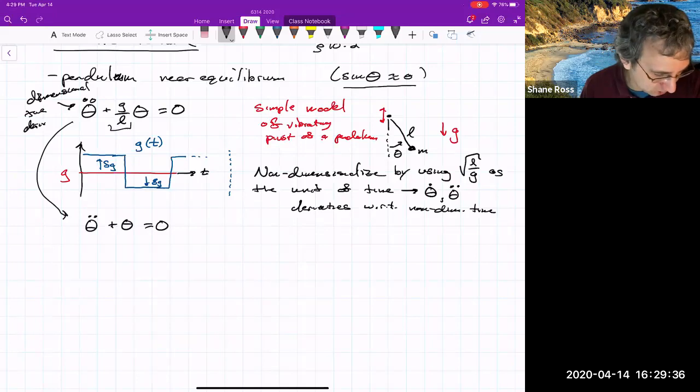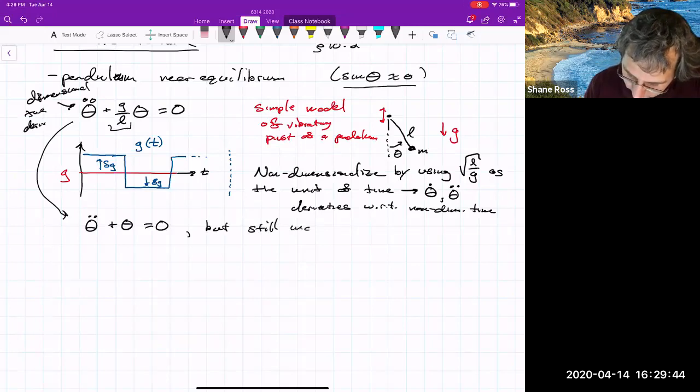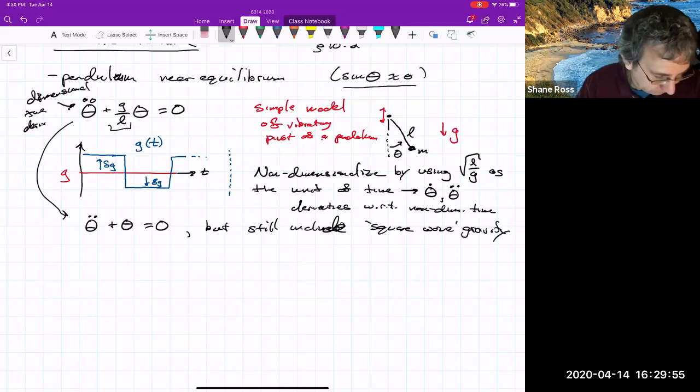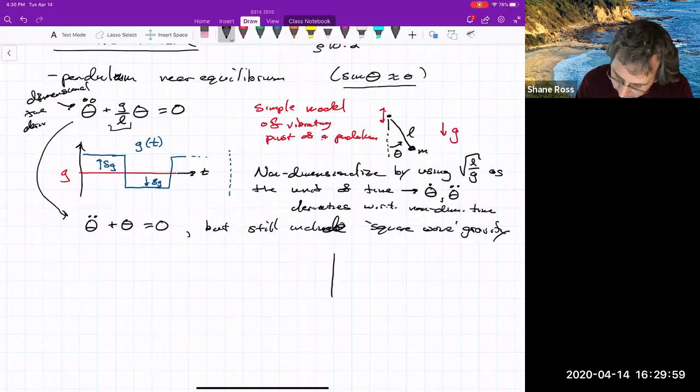We don't have this G over L stuff. But we will still include the square wave gravity. And how is that? In these units, the value of gravity is just equal to 1.